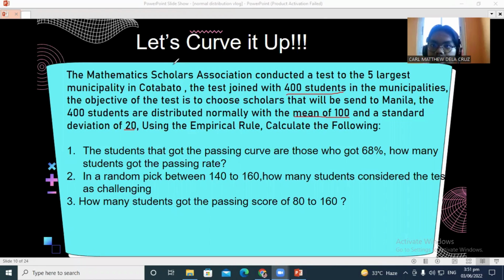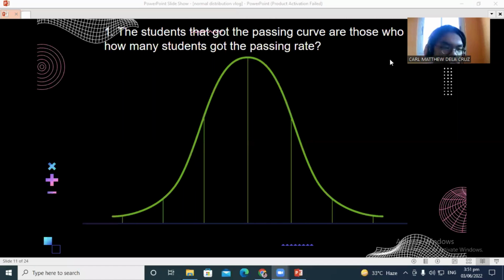Let's go to the first question: the students who got a passing rate are those who got 68%. How many students got the passing rate? First step, we need to locate the mean. The mean is always at the center.